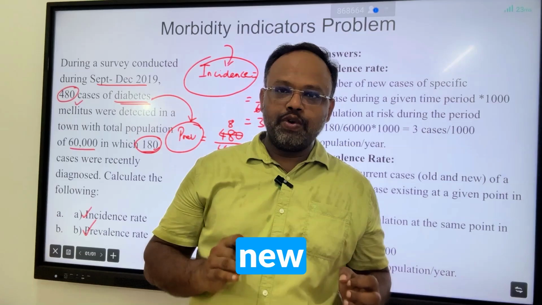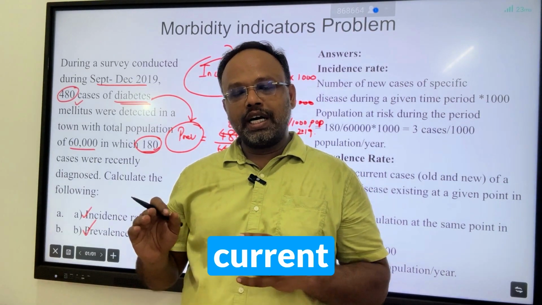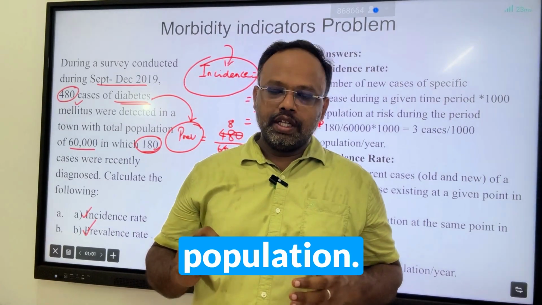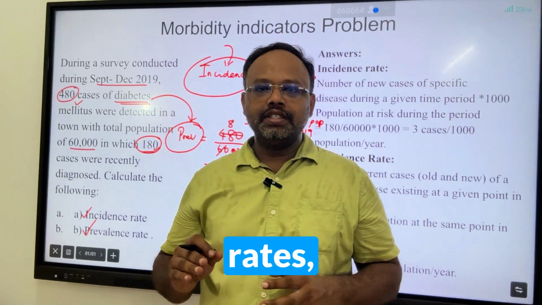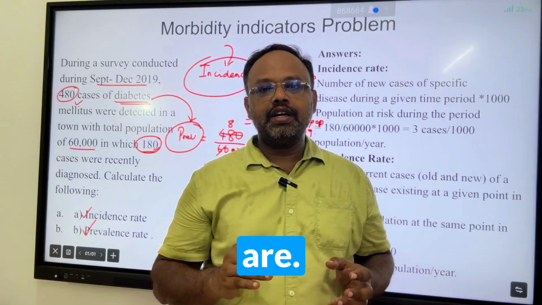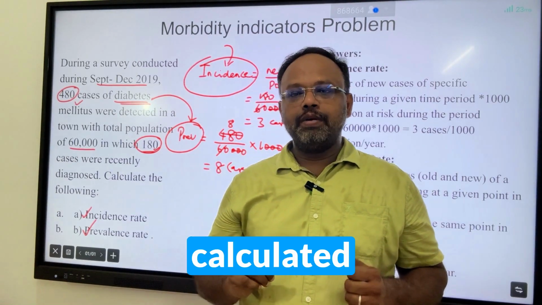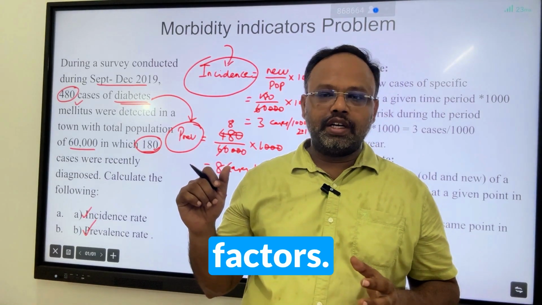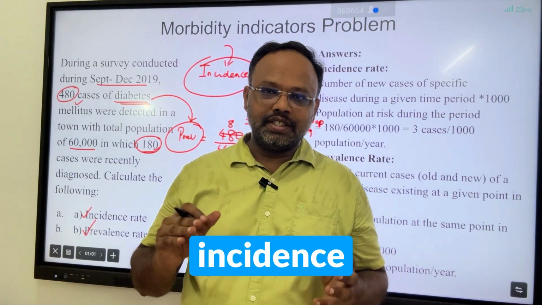Incidence is the number of new cases among the population, and prevalence is the current cases, which include old and new, among the population. The specialized incidence rates are attack rates and secondary attack rates, and the specialized prevalence rates are point prevalence and period prevalence, calculated by the formulas, and we should remember the multiplication factors. Hopefully, you have understood the morbidity indicators, that is incidence and prevalence.